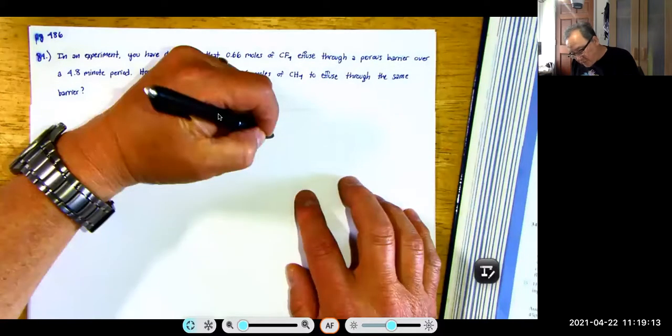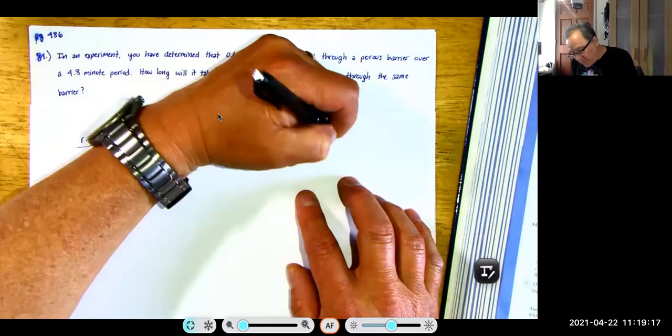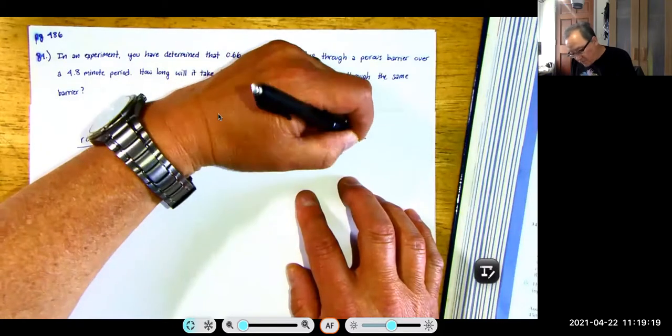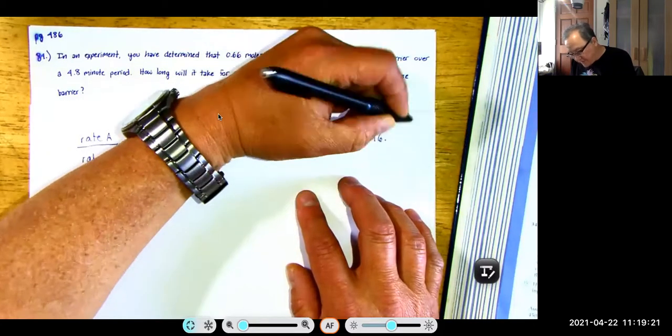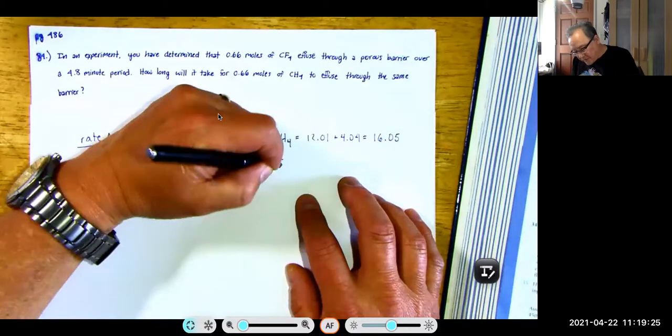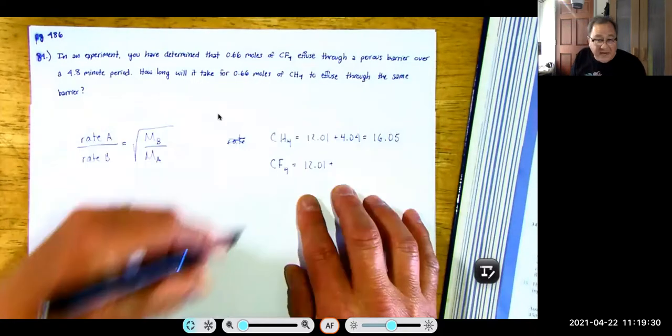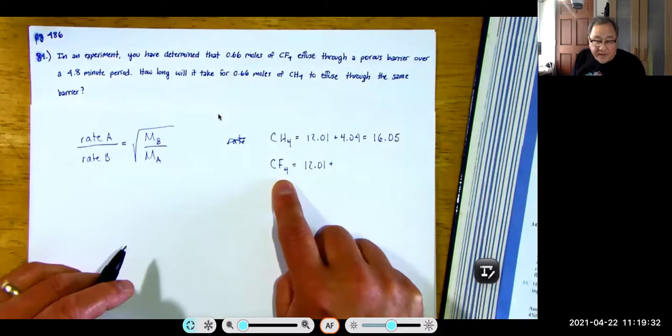So CH4 is going to be 12.01 plus 4.04 for 16.05. CF4 is going to be 12.01 plus 19 times 4. And the way I do that is 20 times 4 is 80.